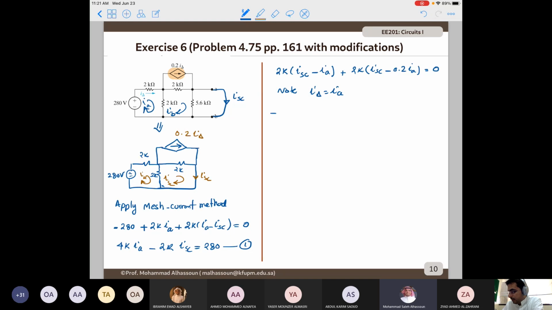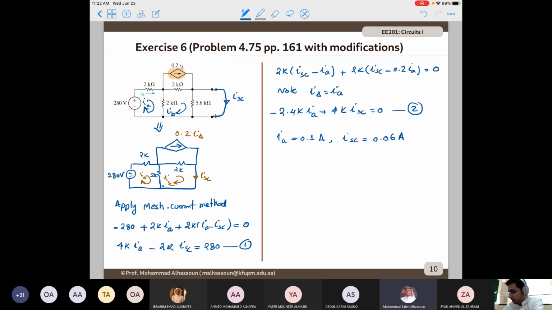So this is going to give me minus 2.4K IA plus 4K I short circuit equals 0. If I solve for it, I will get the values. So now I have the short circuit current and I have the open circuit voltage.